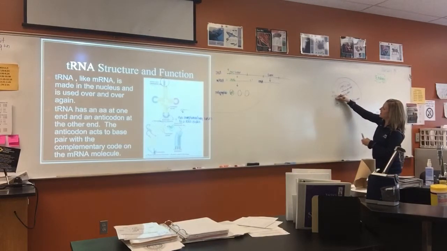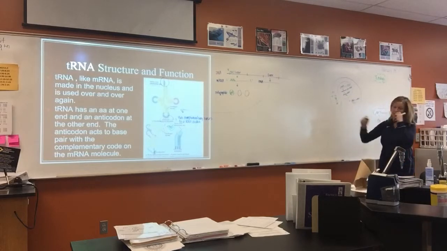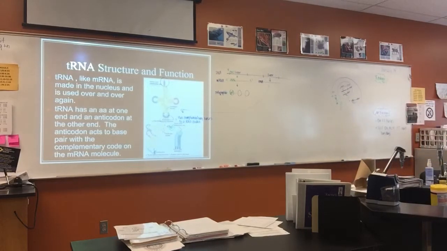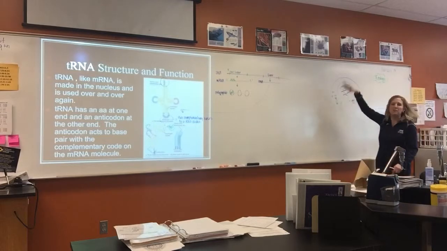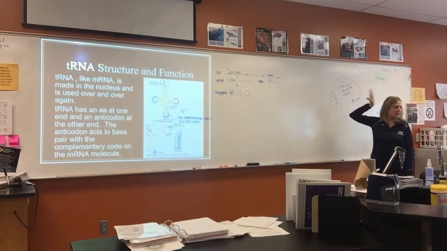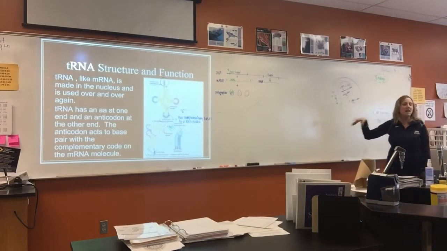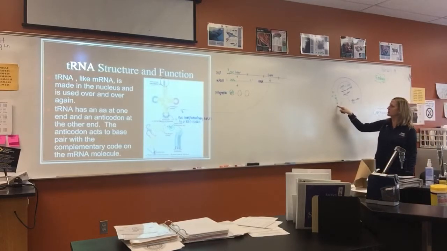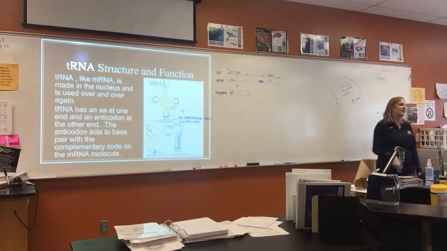Remember, there are 20 different amino acids, and each tRNA molecule only picks up one kind. So the tRNA molecule with UAC can't pick up any of the other 19 amino acids. It only can bind with methionine.